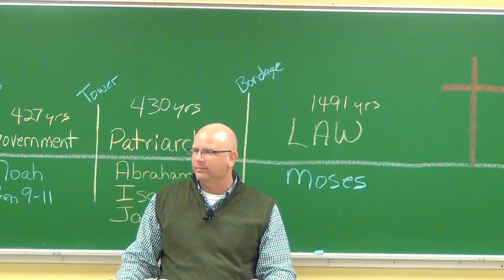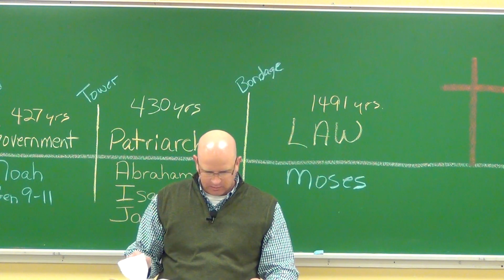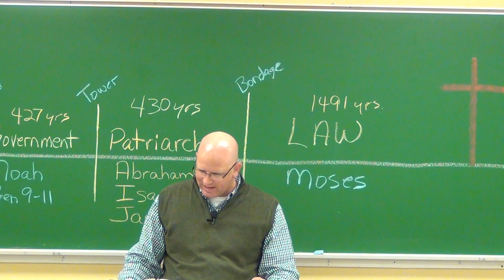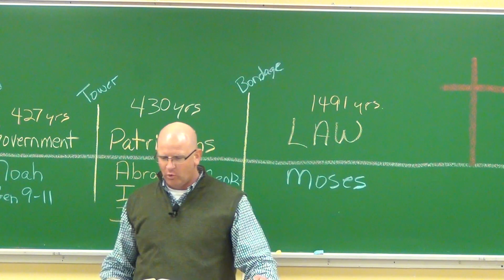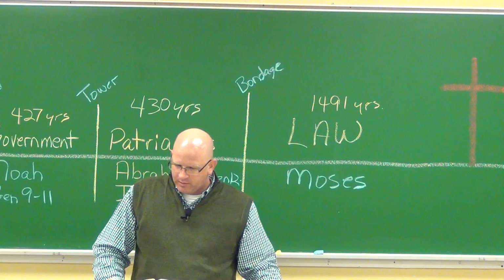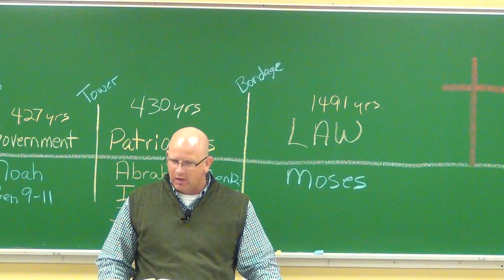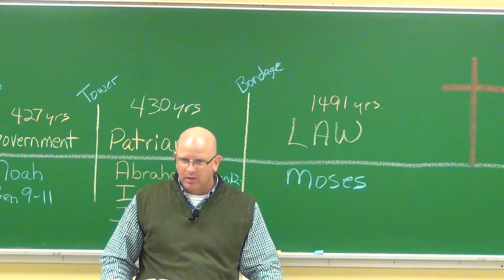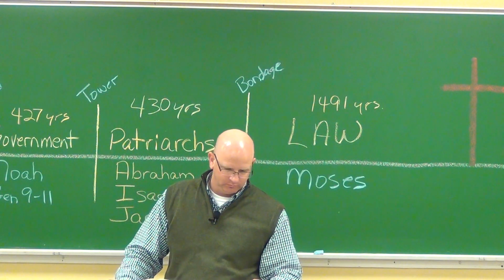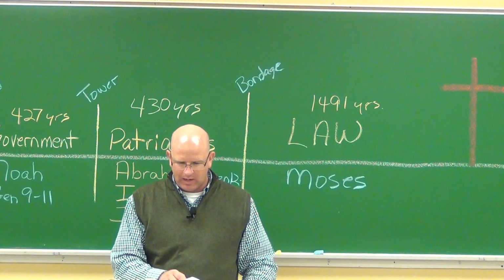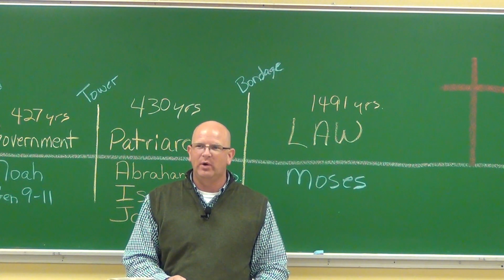Her name was Rebekah. Then in Genesis 25, verse 1, Abraham took another wife. Her name was Keturah. Keturah was a Jew. All right, what y'all got? 22, 23, 24, and 25, right?